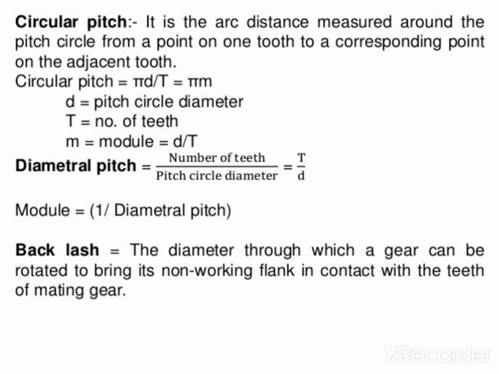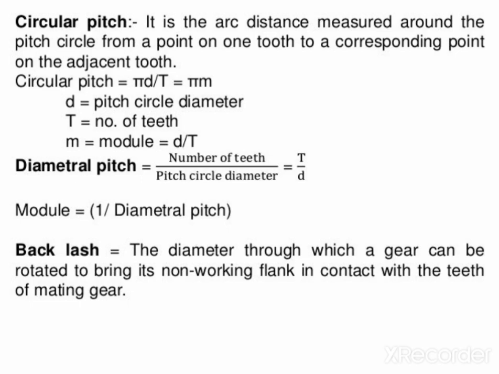Now we will move towards the last, that is backlash. What is backlash? It is the amount by which the width of the tooth space exceeds the thickness of the engaging gear tooth. It is achieved by either decreasing tooth thickness slightly or increasing tooth space on one or both members, or by increasing the central distance between gears.